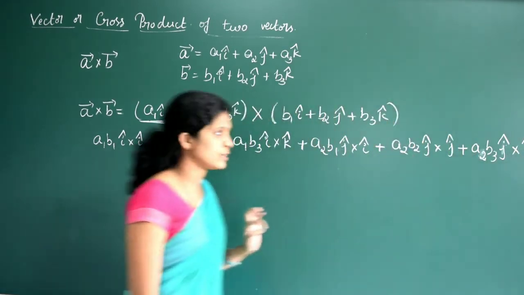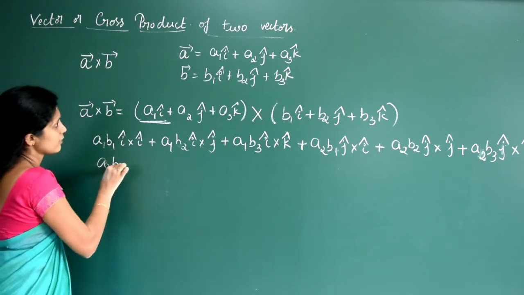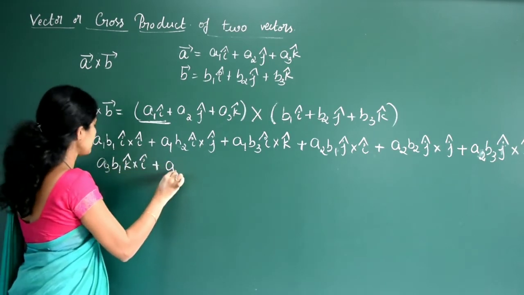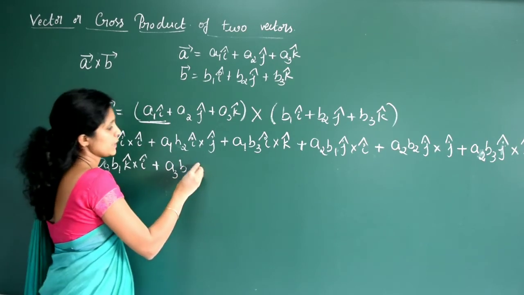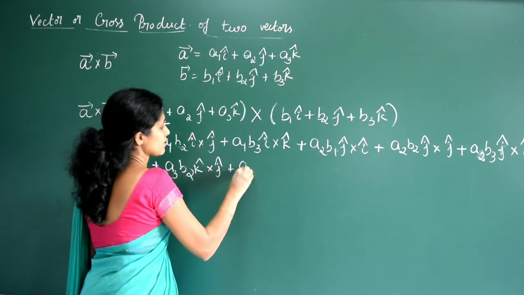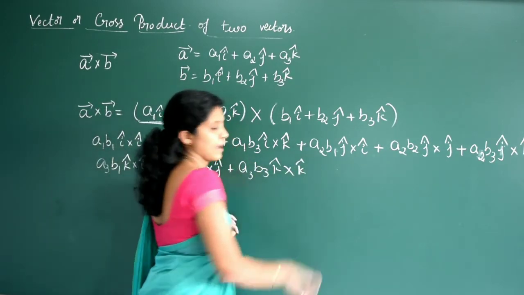I hope you are getting this. Plus, again we multiply with the last term: a3 b1 k cap cross i cap, plus a3 b2 k cap cross j cap, plus a3 b3 k cap cross k cap.